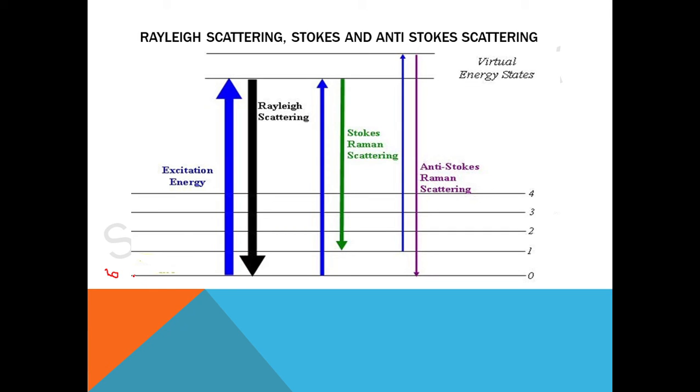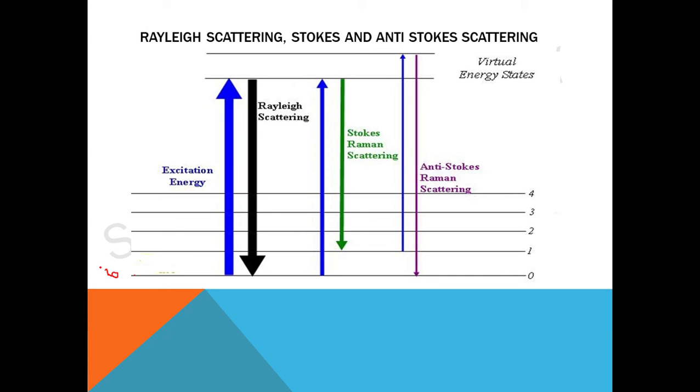The ground state electrons, that means one level, zero level, here I am taking zero. In the last video I took E0, E1, E2, the different energy levels. In the ground state level, these energies are stable.